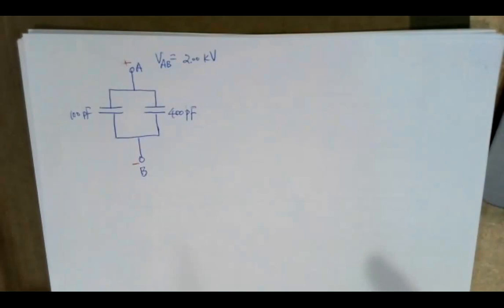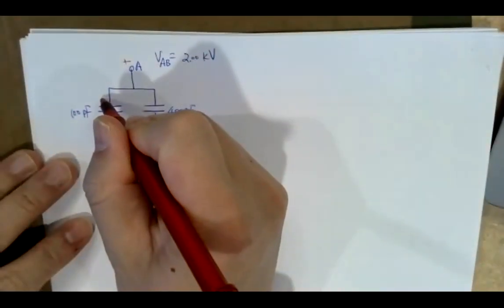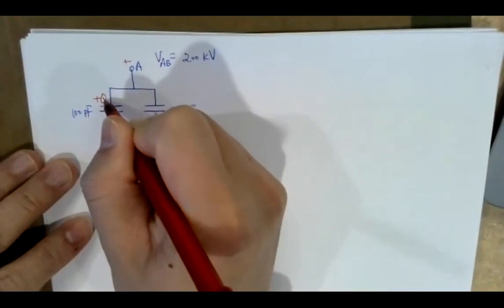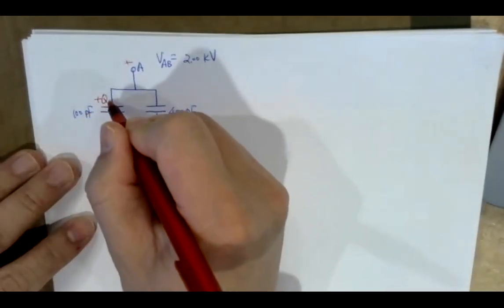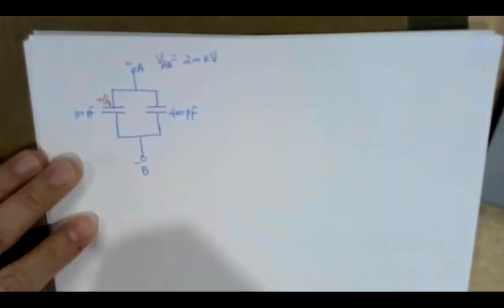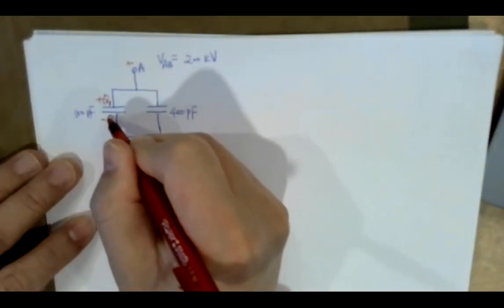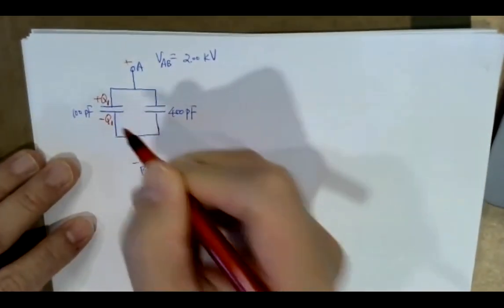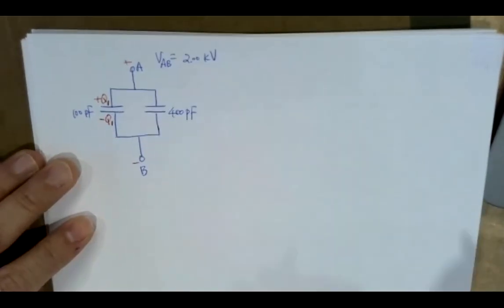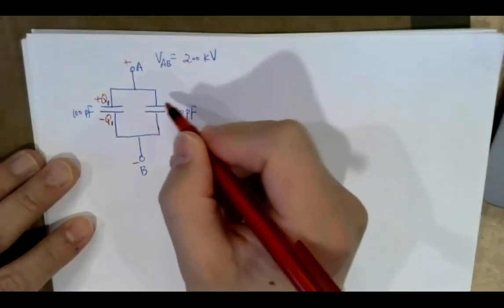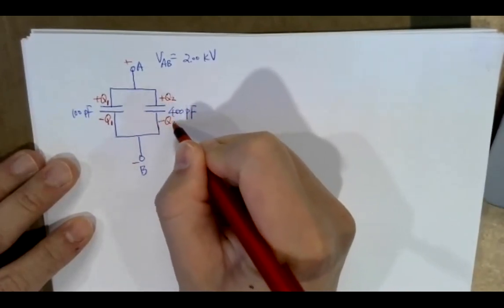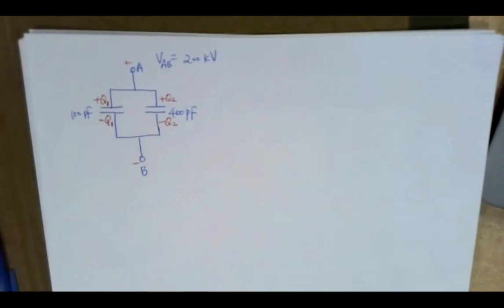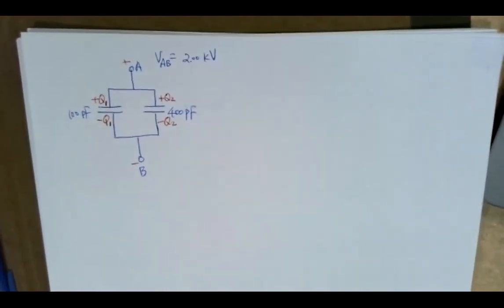You would expect then positive charge on this one, so positive Q on this one. If we call this capacitor 1, then let's say charge Q1 here. Then on the other plate, you should have negative charge Q1. On this capacitor, this will be charge Q2 on the top plate and minus Q2 on the bottom plate. So you will have charges built up.